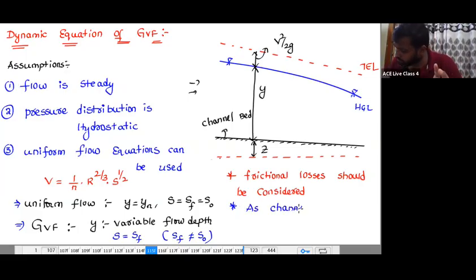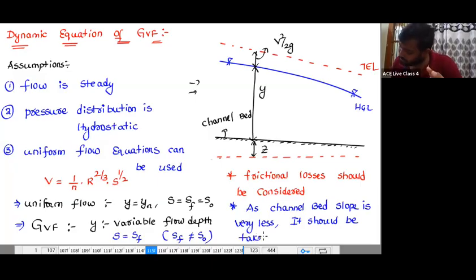So what I want to write over here is that the channel bed is going to be x.